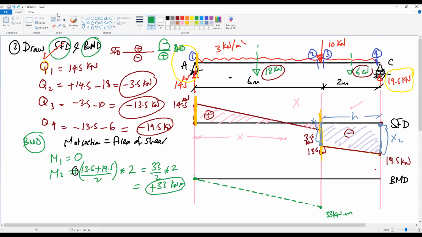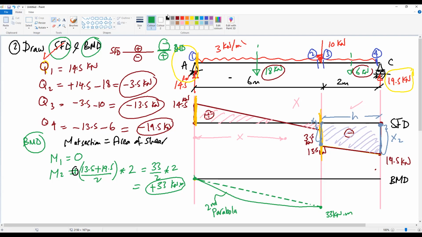So this is the moment here, and this part is a curve. And as we said before, this curve is called a second degree parabola. So this is the moment from 1 to 2.